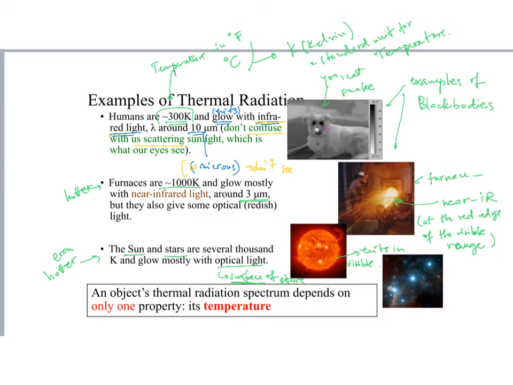We call it visible or optical. That's the light that our eyes are sensitive to. Right? So this is the sun. These are other stars. These are actually stars in a group of stars that is called the Pleiades.